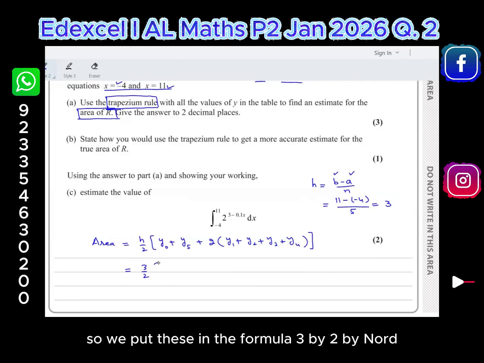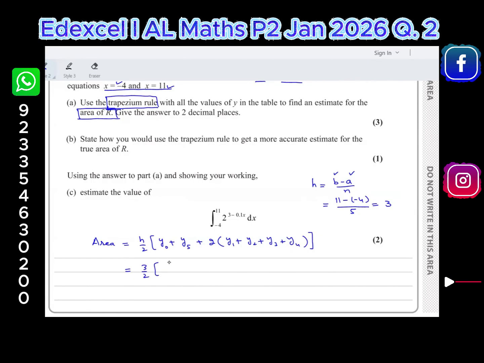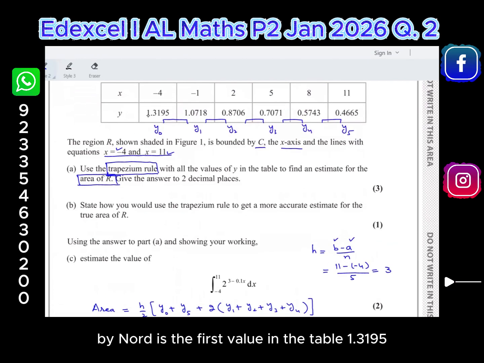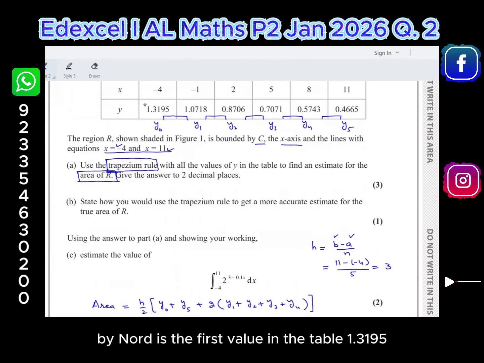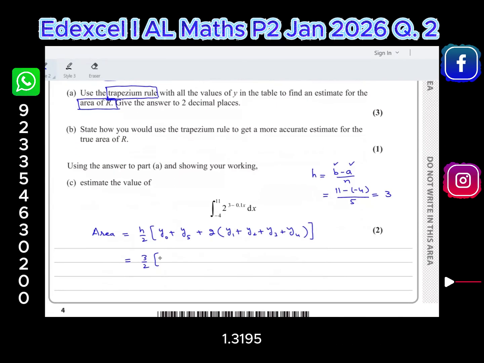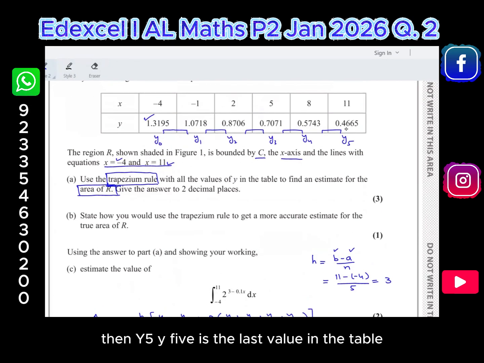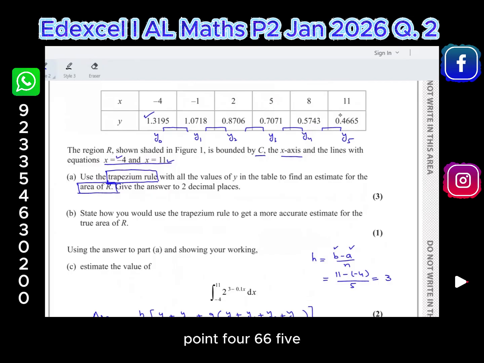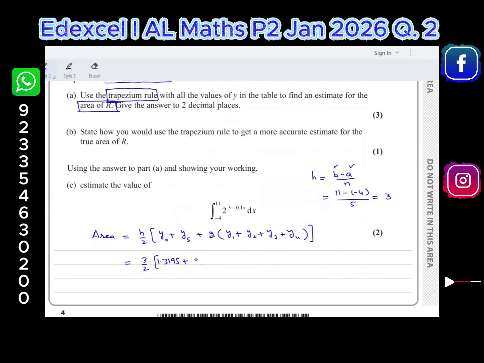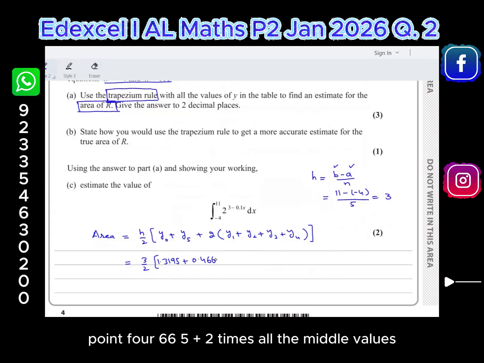3 by 2 times y0. y0 is the first value in the table, 1.3195. Then y5. y5 is the last value in the table, 0.4665, plus 2 times all the middle values.